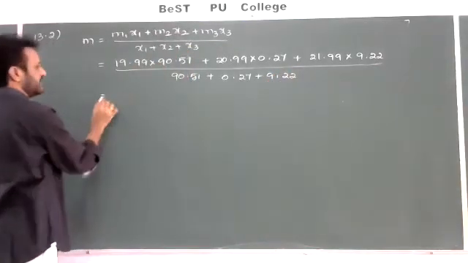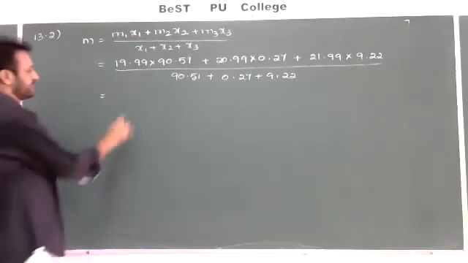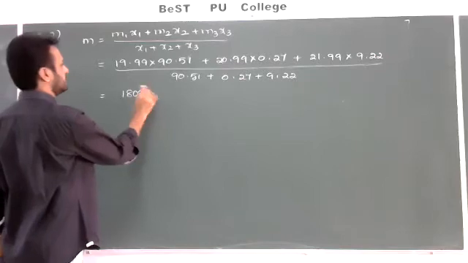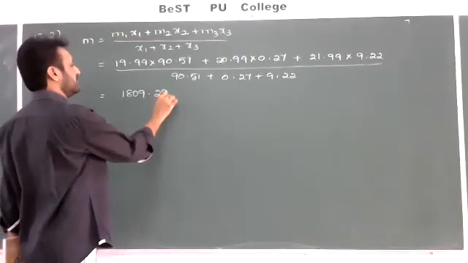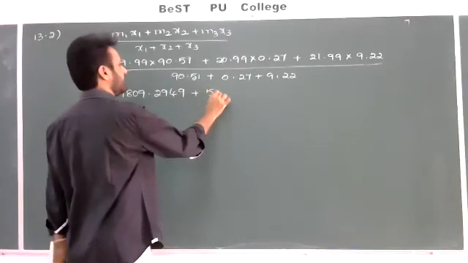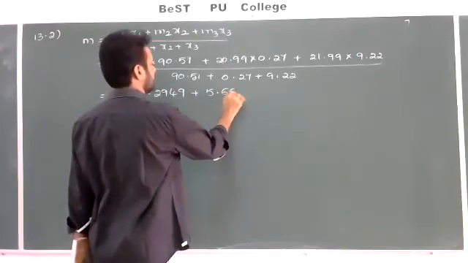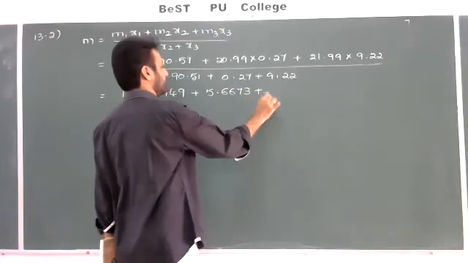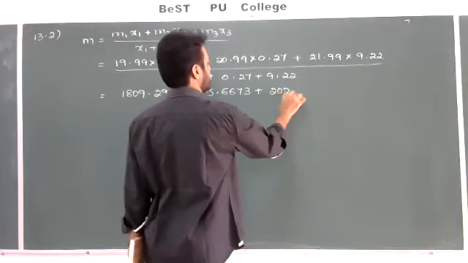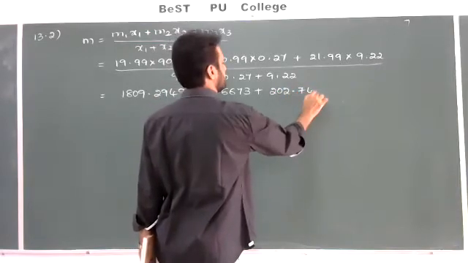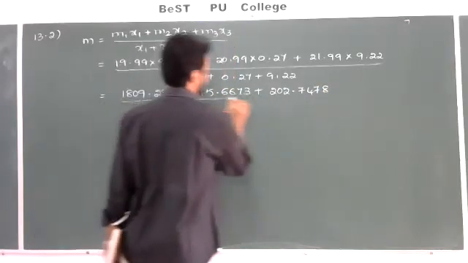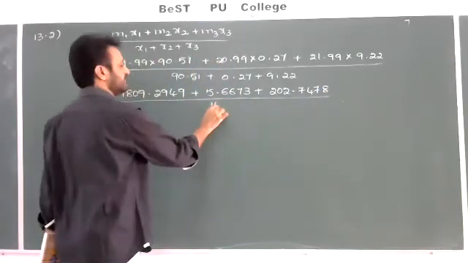So you have to simplify the values and then calculate. 1809.2949 plus 5.... plus 202.7478, divided by 100. We should add all the values.